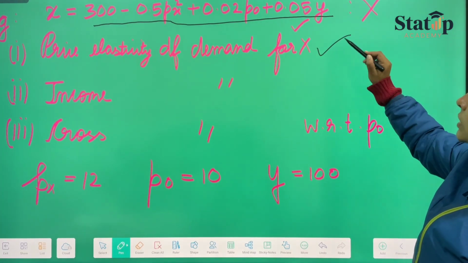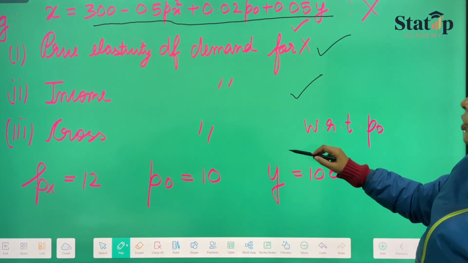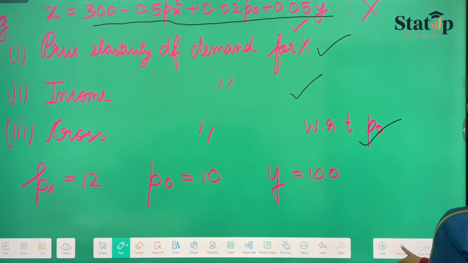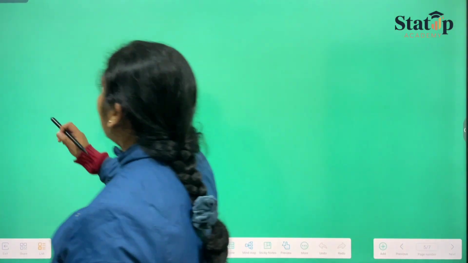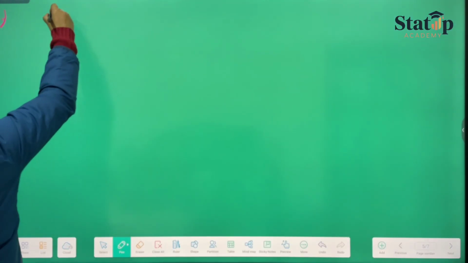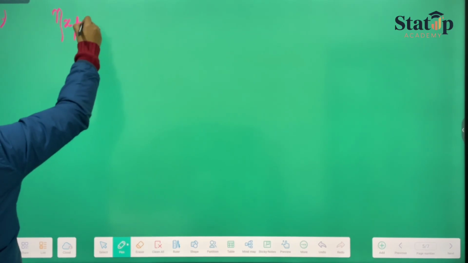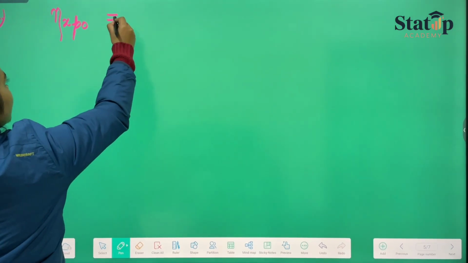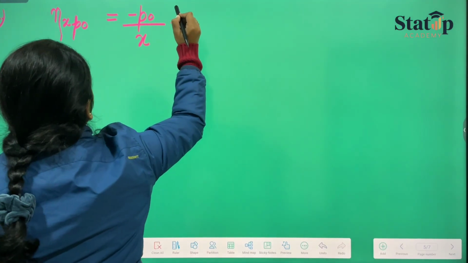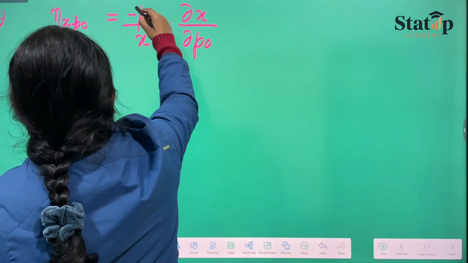Now we have done price elasticity of demand for X and income elasticity of demand for X. Now the third part is cross elasticity of demand for X with respect to P naught. We have just learnt about cross elasticity of demand. Cross elasticity of demand of X with respect to P naught can be written as P naught upon X into delta X upon delta P naught.